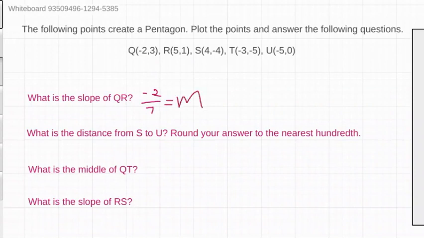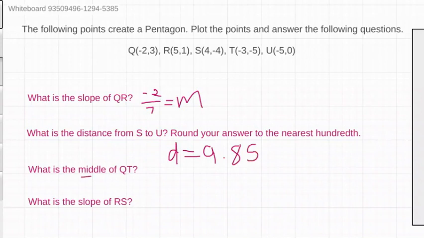What is the distance from S to U? Round your answer to the nearest hundredth. The distance is the square root of 97. But we know that it's asking us to round our answer to the nearest hundredth. So we can simplify this and round it to 9.85. So our answer would be D equals 9.85.